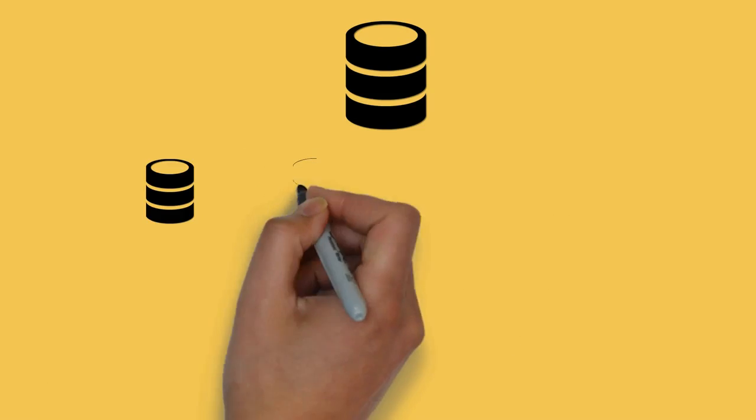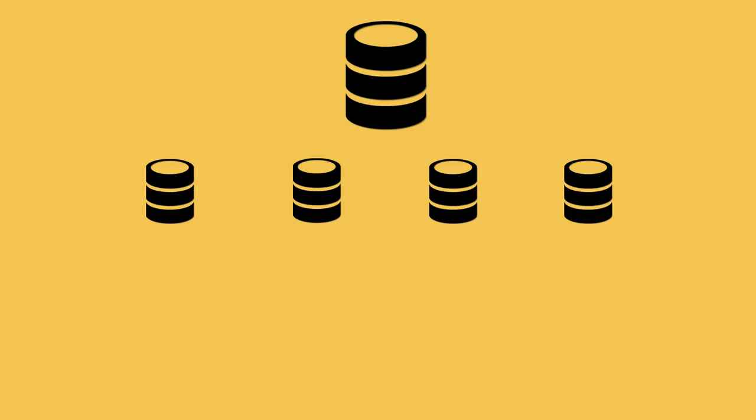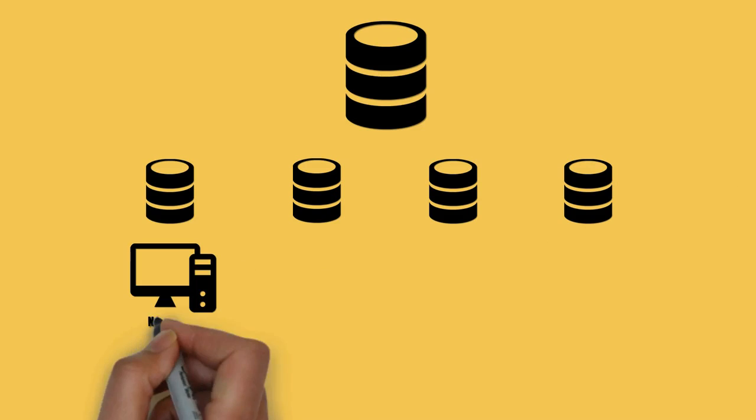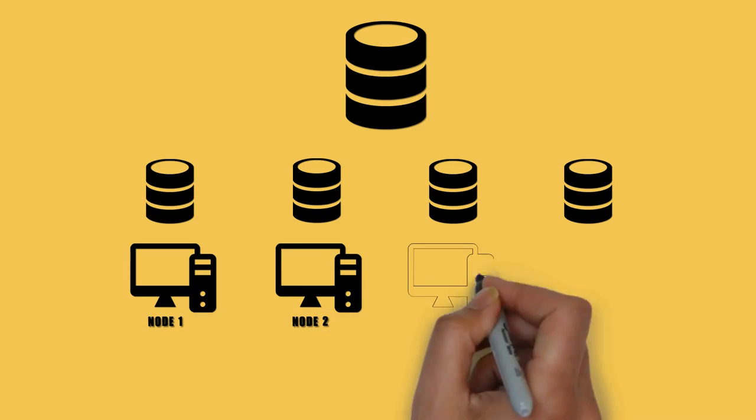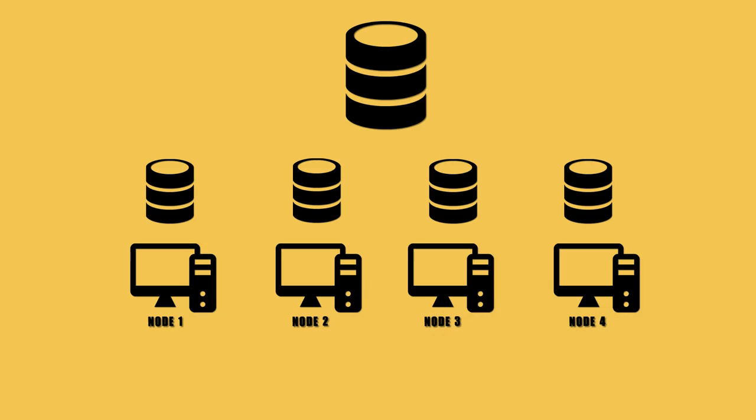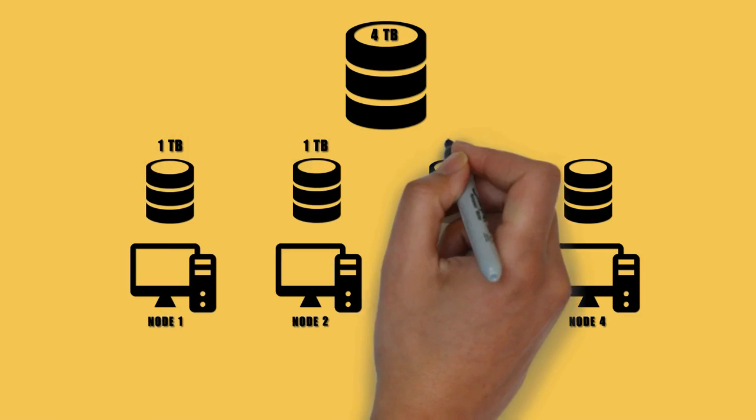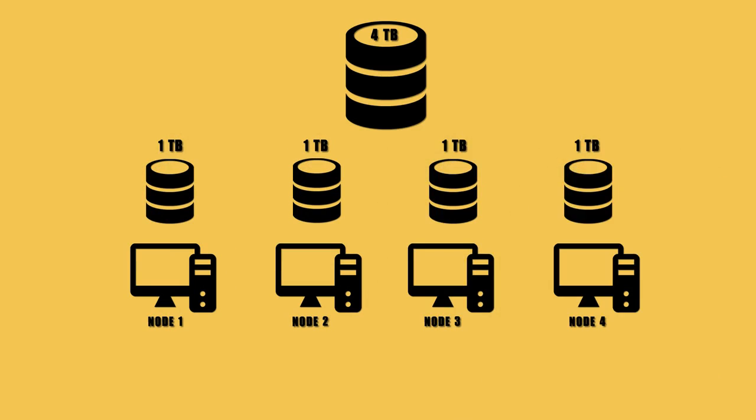The Hadoop framework divides the data into smaller chunks and stores each part of the data on a separate node within the cluster. Let us say we have around 4 terabytes of data and a 4-node Hadoop cluster. HDFS would divide this data into 4 parts of 1 terabyte each.